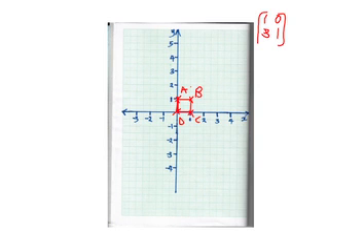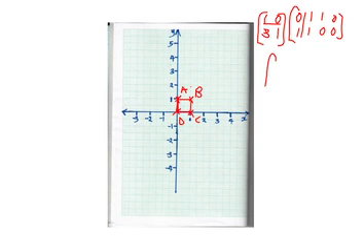We multiply by the coordinates, which are the object matrix. So we have A at 0, 1, B at 1, 1, C at 1, 0, and D at 0, 0, which is the origin.